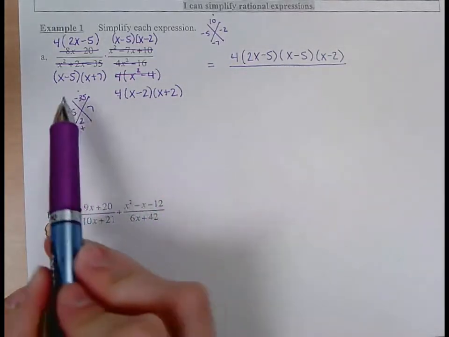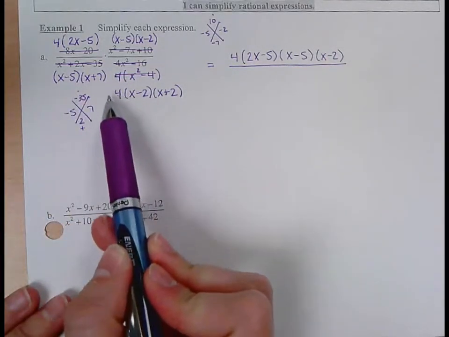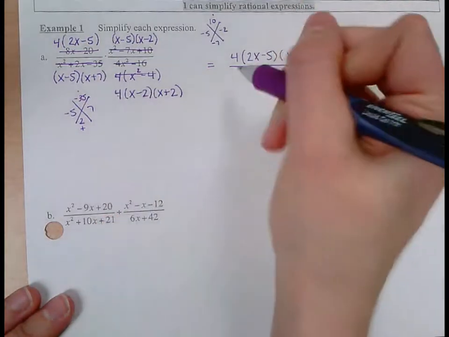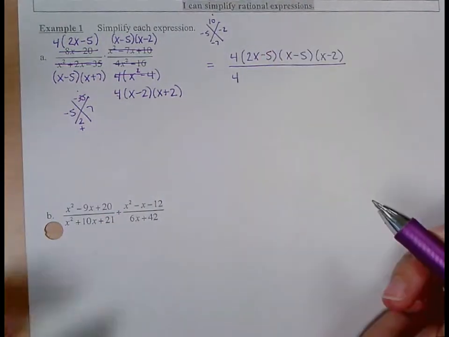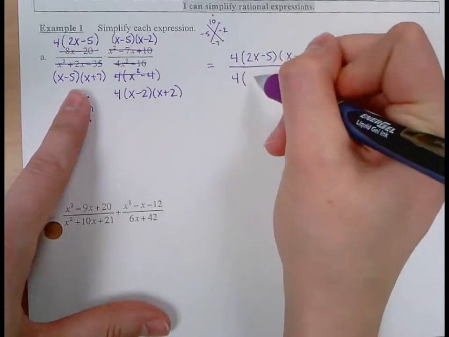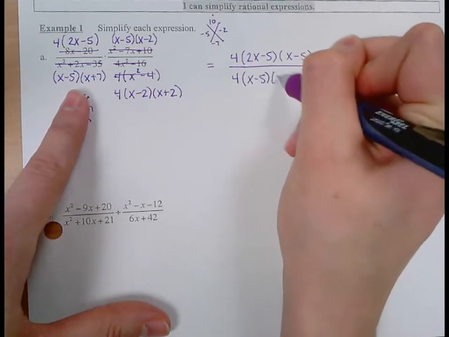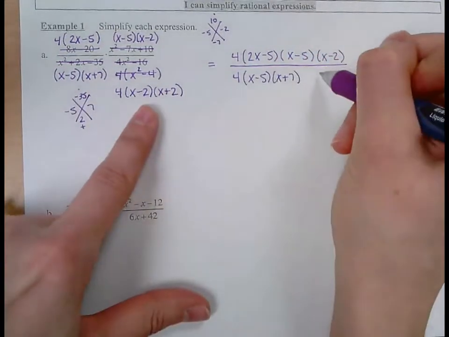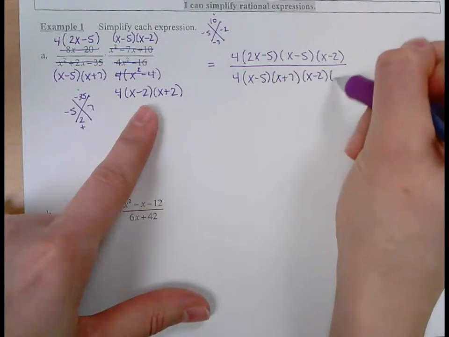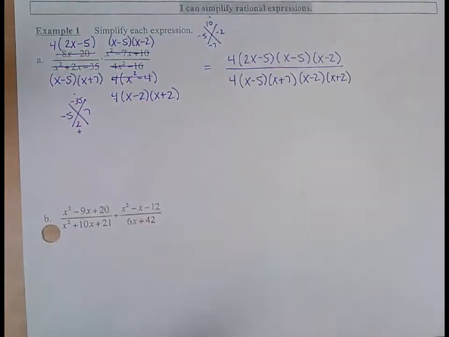And on the bottom, the 4 that I had in that second fraction, I'm just going to write in front. So I have 4, and then from my first fraction's denominator, I have x minus 5 times x plus 7. And then from the second fraction, I have x minus 2 and x plus 2.